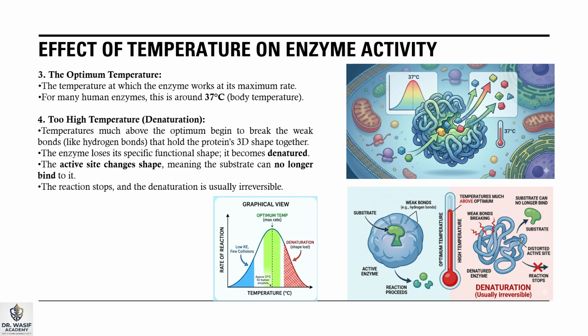But what happens if the temperature keeps increasing? Things take a turn for the worse. At high temperatures, the thermal energy becomes so intense that it starts to vibrate the enzyme's atoms very violently. This breaks the weak hydrogen bonds which hold the protein's complex 3D shape together.